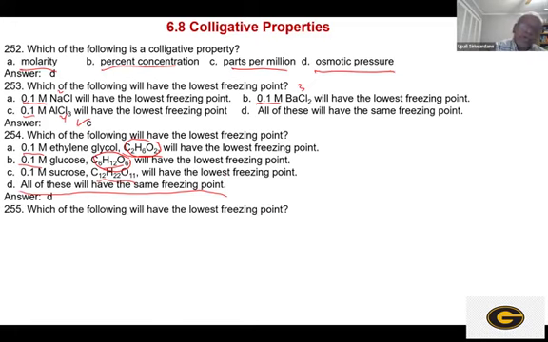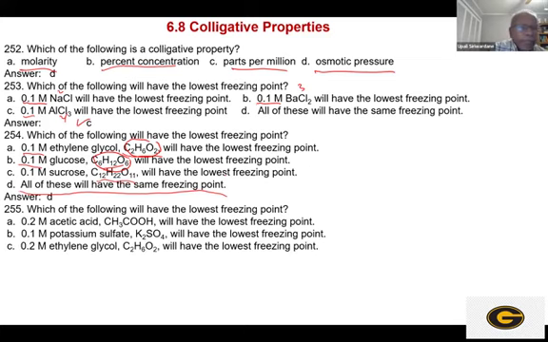Which of the following will have lowest freezing point? Acetic acid is a weak electrolyte. They don't break up in the water completely. Therefore, fewer particles are in acetic acid. Thus, even though solution is having higher molarity, ethylene glycol is one particle.